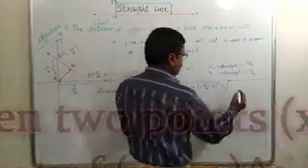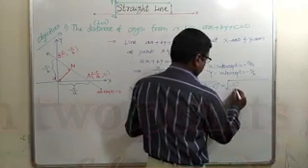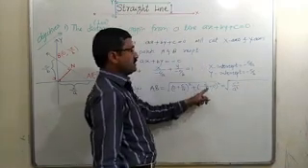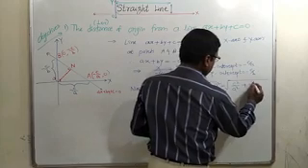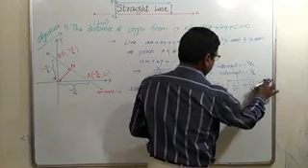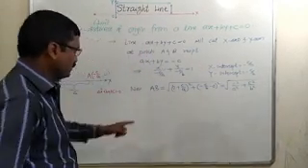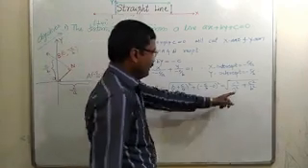This becomes c square upon a square and this becomes c square upon b square. Everything is in root. So this is distance AB.